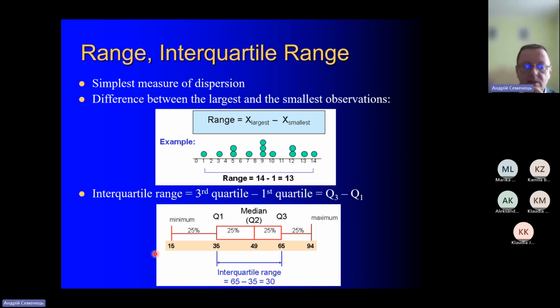Here is an example where we place all these things. We actually introduce the box plot here. We have the maximum and minimum, which represent the first and fourth quartiles.